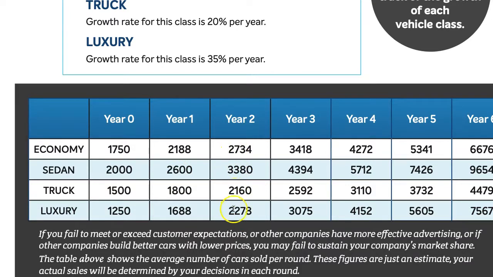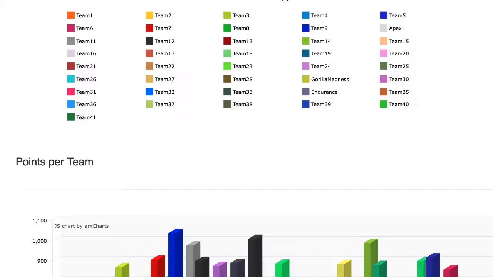This is what you would want to use when it comes to understanding your car's forecast. This is the average, if everybody was exactly the same. So if you feel your car has a better price point and better features, you could forecast higher. If you feel that your car isn't that well built and you're coming in below budget on marketing, probably forecast lower.